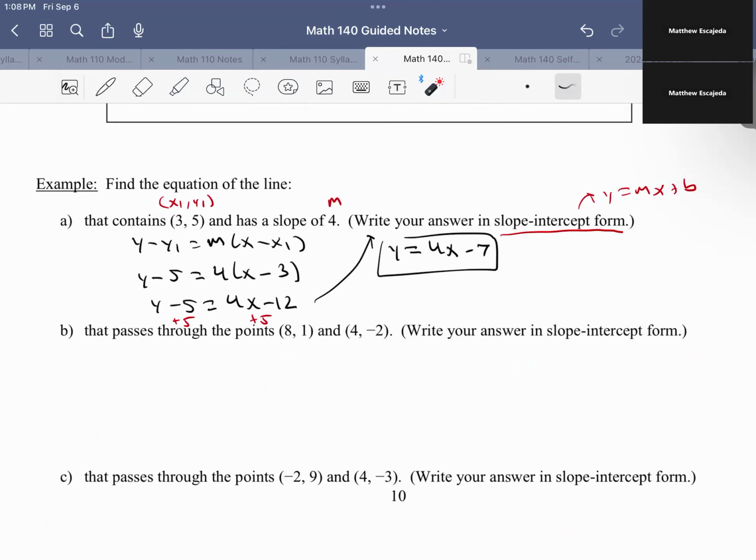So, you could have your x1, y1 here, x2, y2 here. And so, we could do step one, find slope.